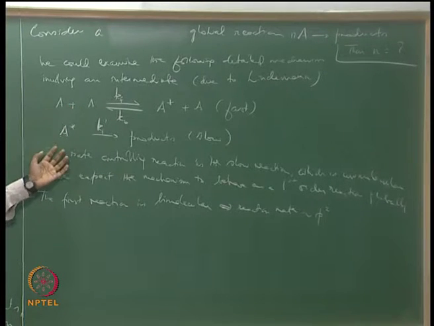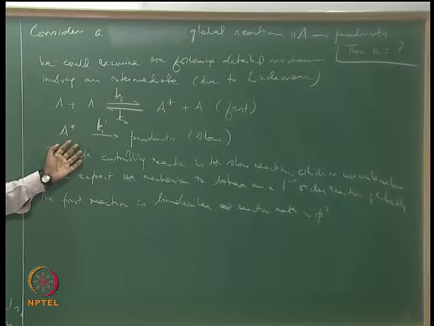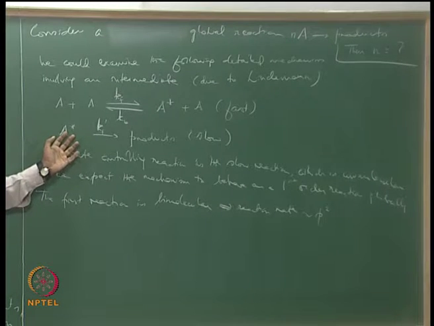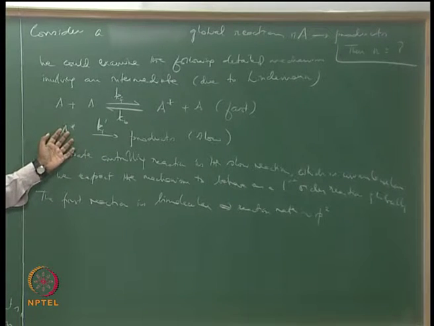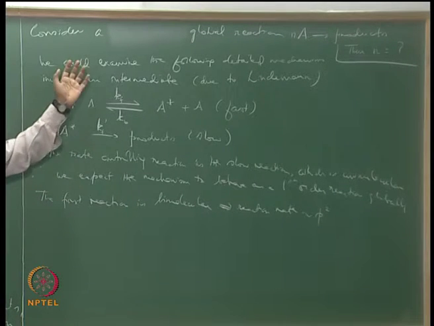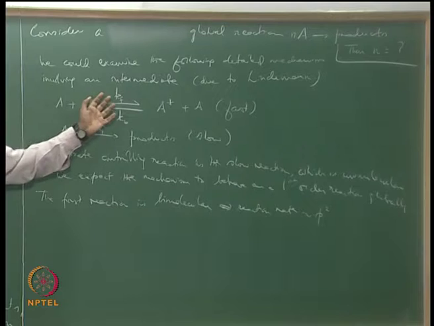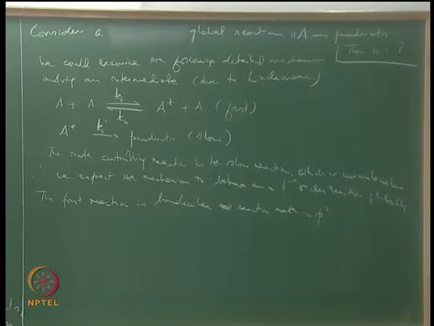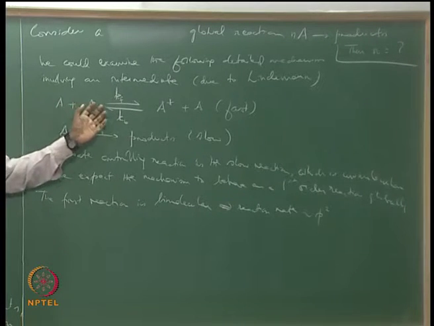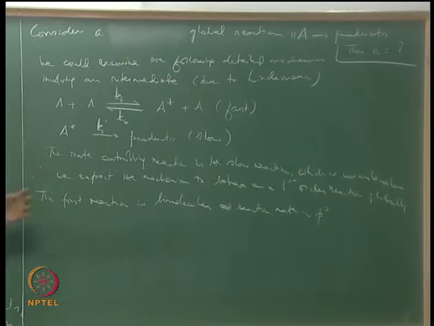Even though the second reaction is the slowest and therefore the rate determining step, it's in A star, so its rate depends on the concentration of A star rather than A. The reaction that actually depends on the concentration of A, the first reaction, is bimolecular, which means it has to go as the square of pressure.